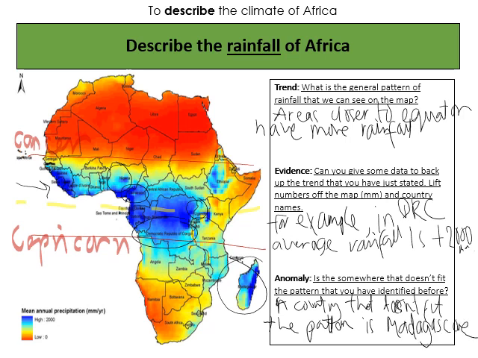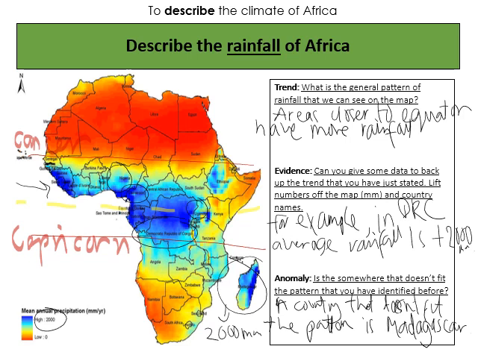And the reason that it doesn't fit the pattern is because it's really far away from the equator. However, its rainfall is still roughly 2,000 millimeters of rainfall every year. So this would be our anomaly.